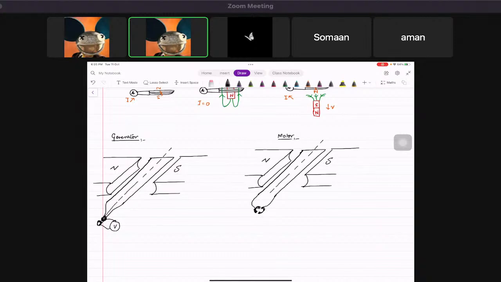And then sort of iron. We also have carbon brushes here, and then a positive terminal and a negative terminal, doesn't matter.